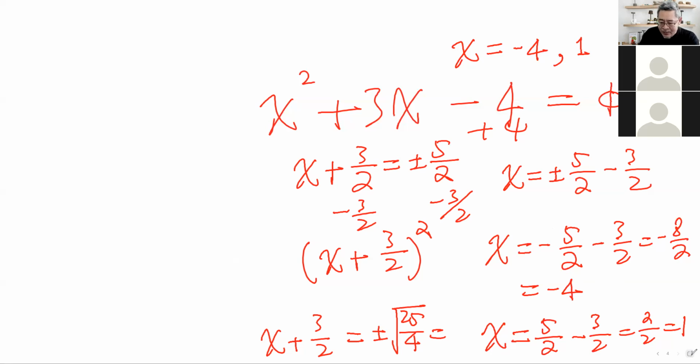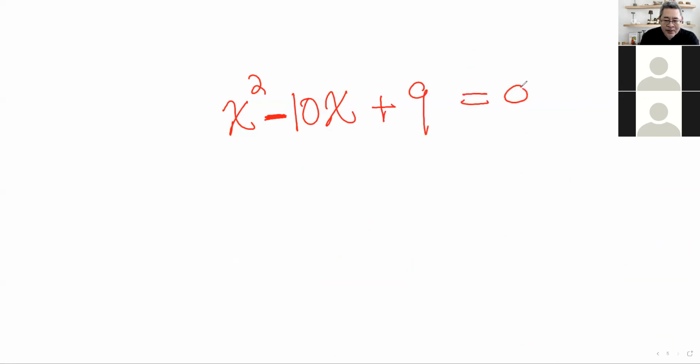Okay, let's show another scenario when this one is negative. Let's say it's x squared minus 10x plus 9 equal to 0.